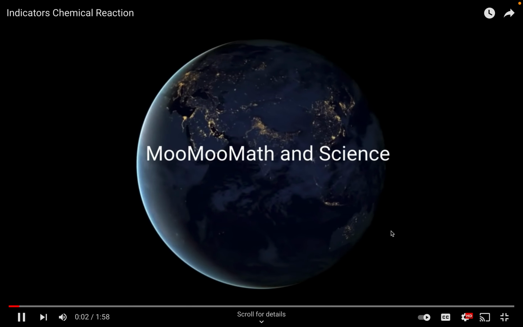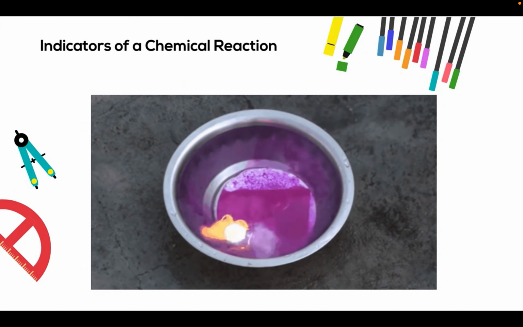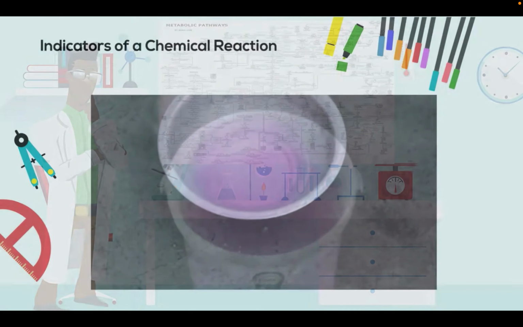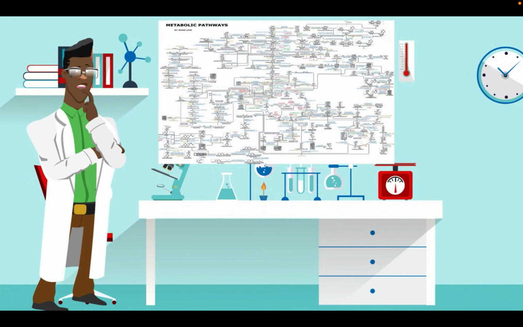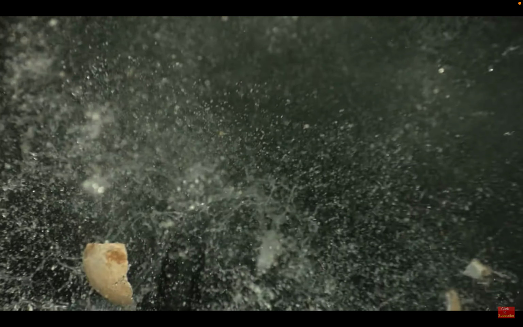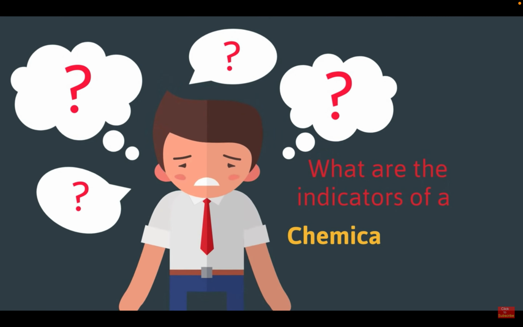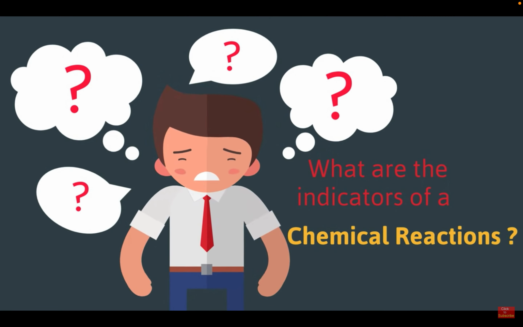Welcome to Moo Moo Math and Science. In this video, I'd like to talk about the indicators of a chemical reaction. Life depends on chemical reactions. Here's a diagram of all the chemical reactions that take place in your body. Some chemical reactions, like this one taking place right now, are obvious. Others are not. So what are the indicators of a chemical reaction? There are at least 5.